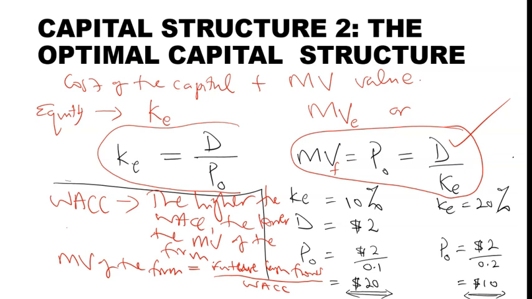So when we discount that dividend by the WACC, we get what is called the market value of the firm. Okay, and we showed you how to calculate the WACC in the previous video. Please replay that video.